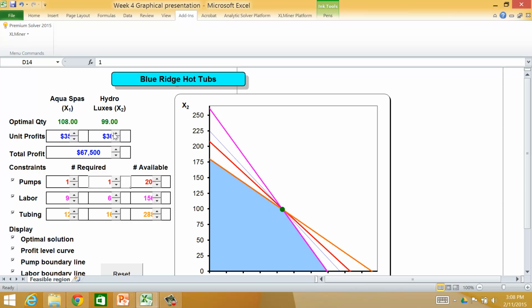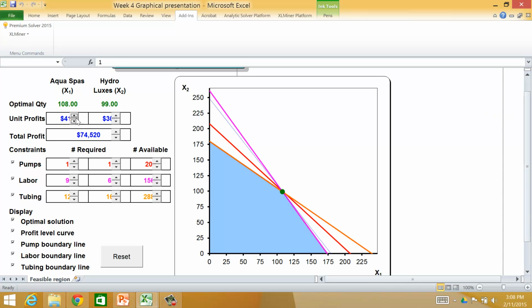Let's see. Oh, this line is not moving. Originally I had this line moving. It's not working on this computer.